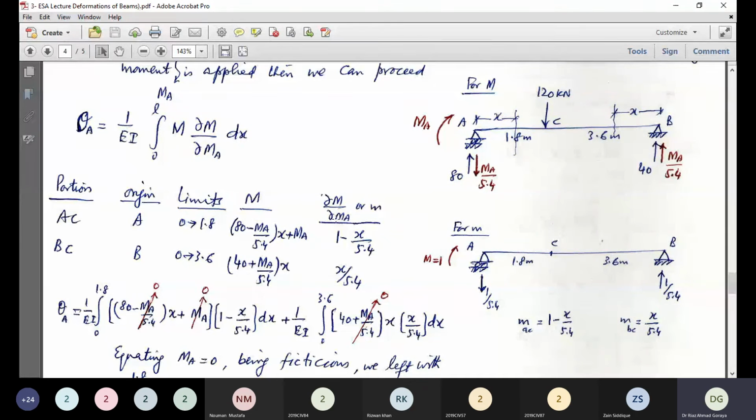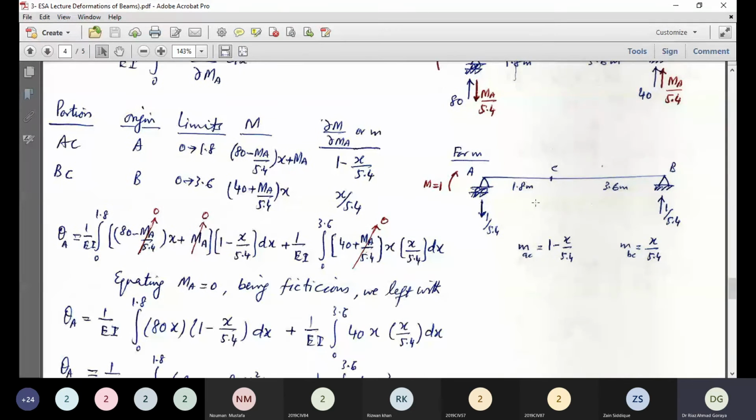Now the partial M over partial MA or small m, both I have shown here. Now we look at the term with MA, that is 1, that is minus X over 5.4. So partial M over partial MA will be 1 minus X over 5.4. For portion BC, it will be simply X over 5.4.